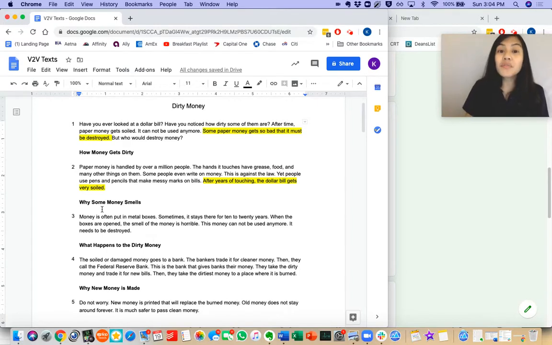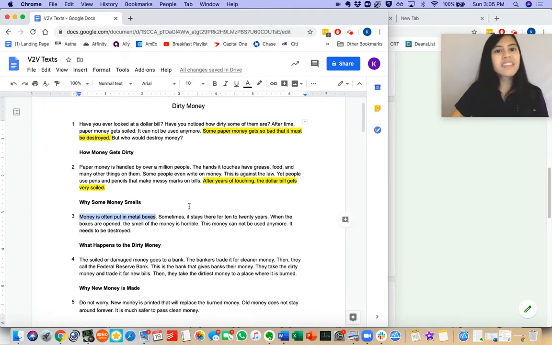Now, let's look for the topic sentence. The heading for this section was Why Some Money Smells. Remember, I'm thinking about how the whole text is about dirty money and now that some of it must be destroyed. Let's keep that all in mind as we look for the topic sentence. Sentence 1, money is often put in metal boxes.